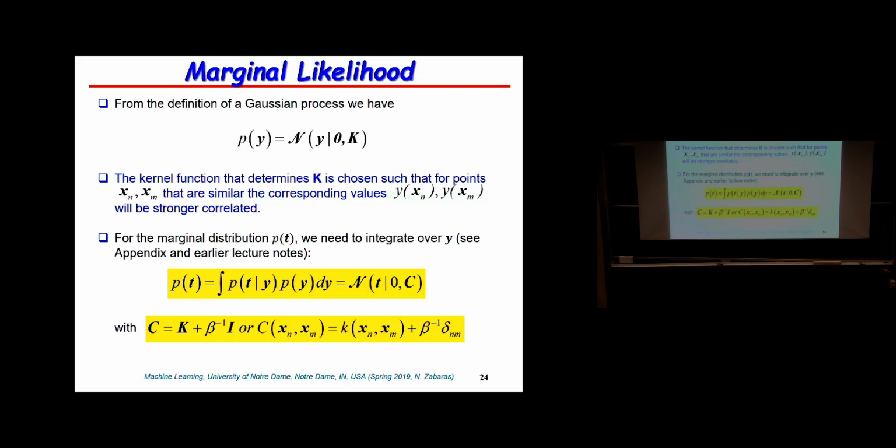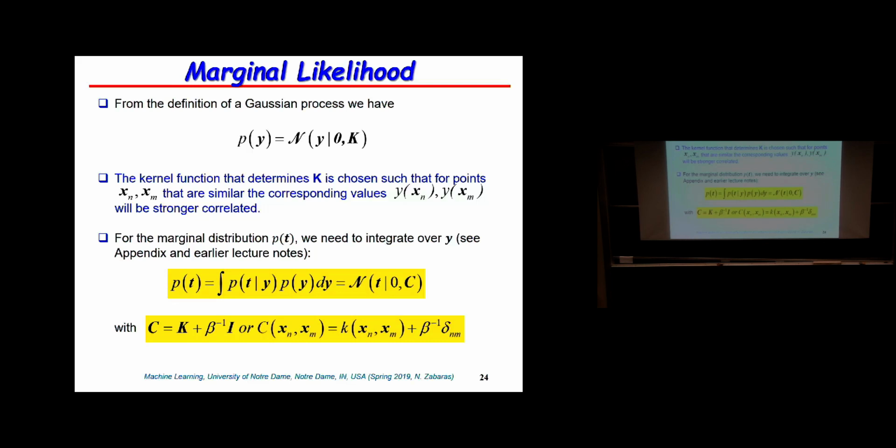If you marginalize, P of t becomes a Gaussian, and the covariance matrix of the Gaussian is the kernel matrix K plus beta minus 1 I. I remind you, beta is the noise that we put on the function to get the observations. So this C is going to be very useful in our lecture today.